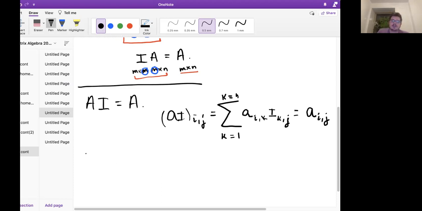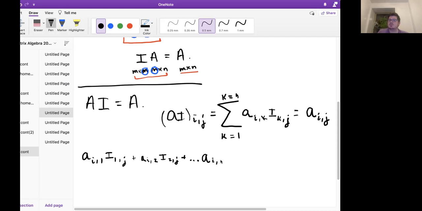So we have A_i1 I_11 plus A_i2 I_2j, and at some point we get to the entry that we care about, A_ij.